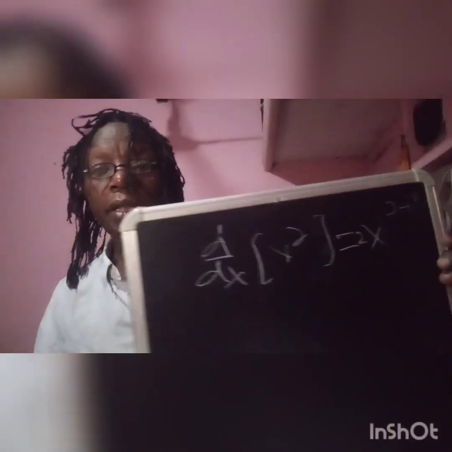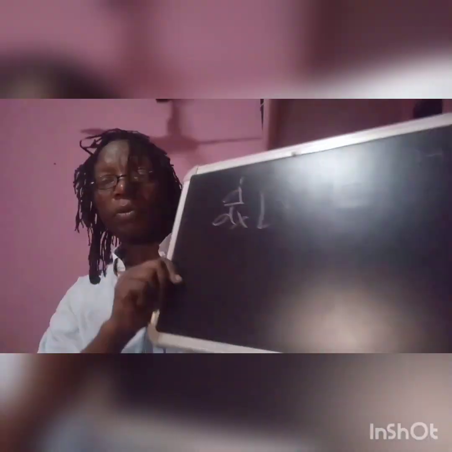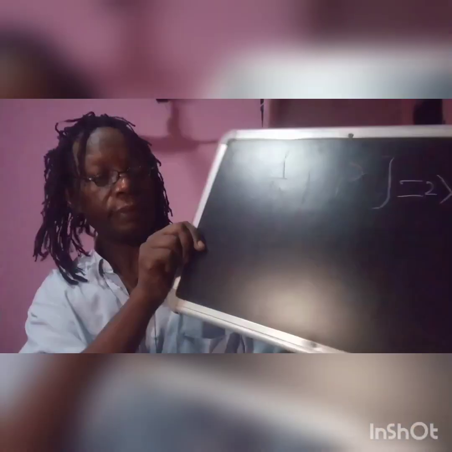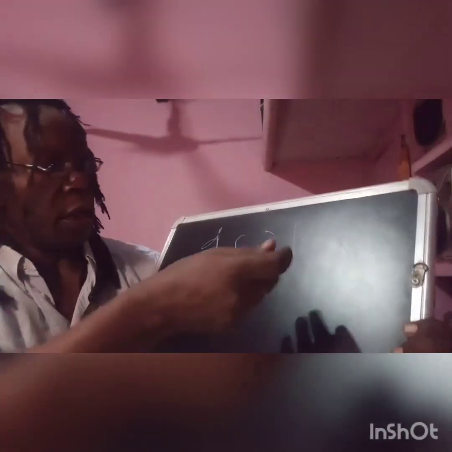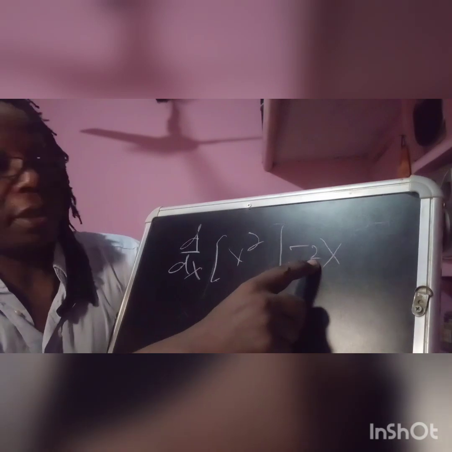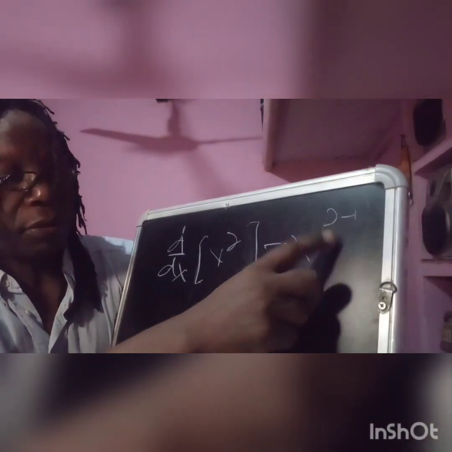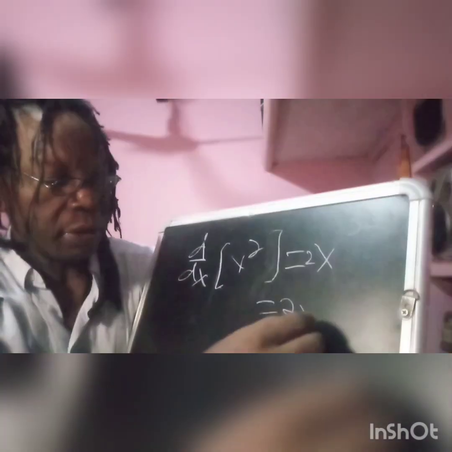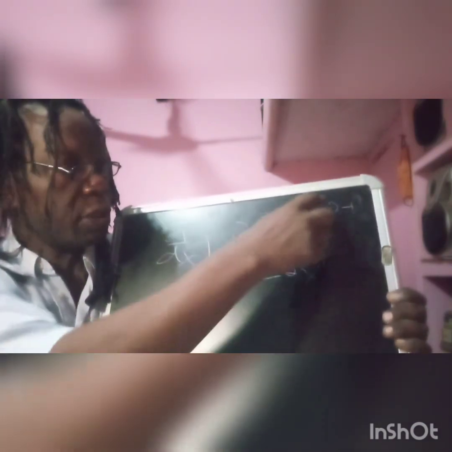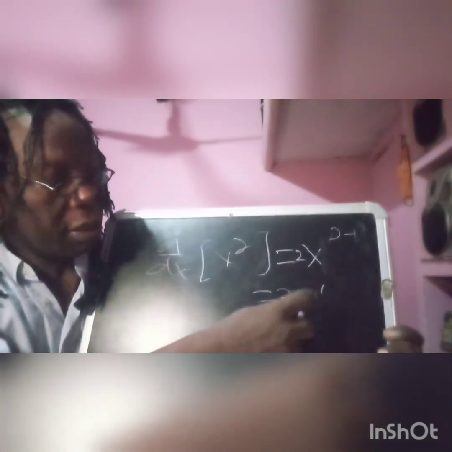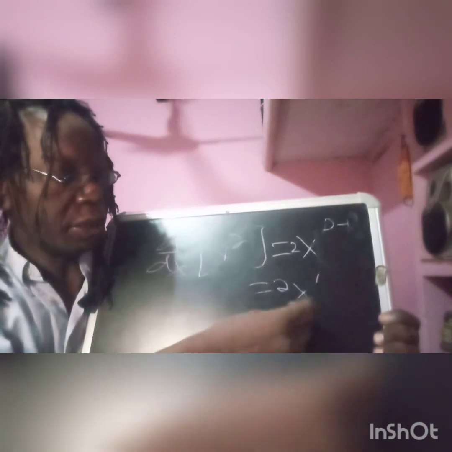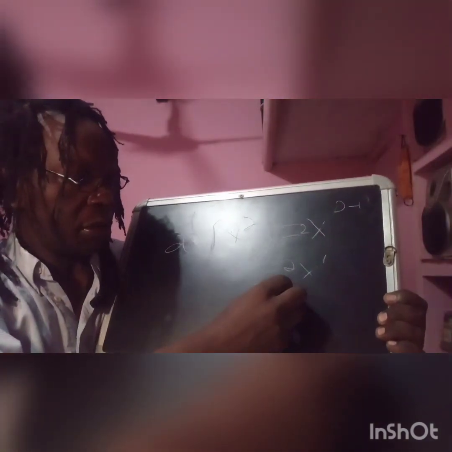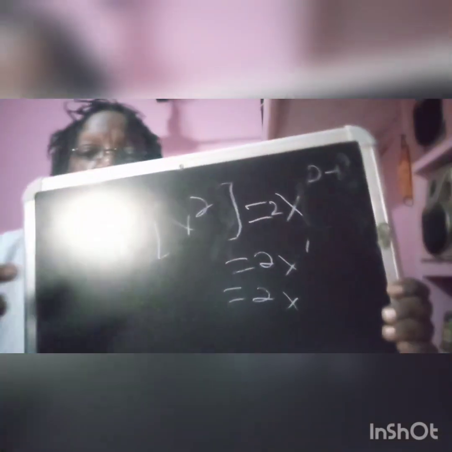So what is going to be the answer of this? It's difficult to show this, sorry guys. This is the coefficient now, x is the variable, so we subtract 1 from the exponent. We're going to have 2x to the power 1. The exponent is 1 because we subtracted 1 from the exponent. And x to the 1 is just x. When you multiply this out, it's only 2x as the solution.